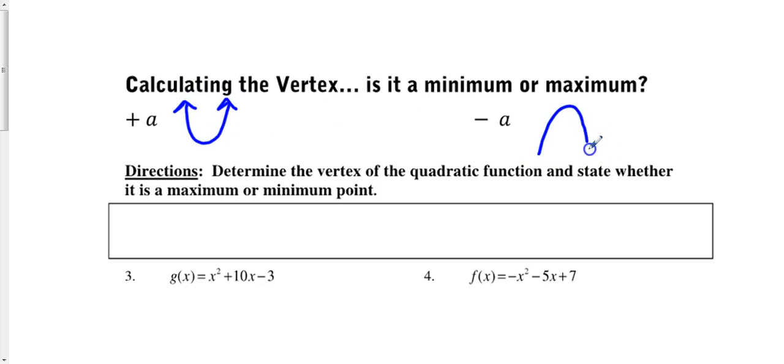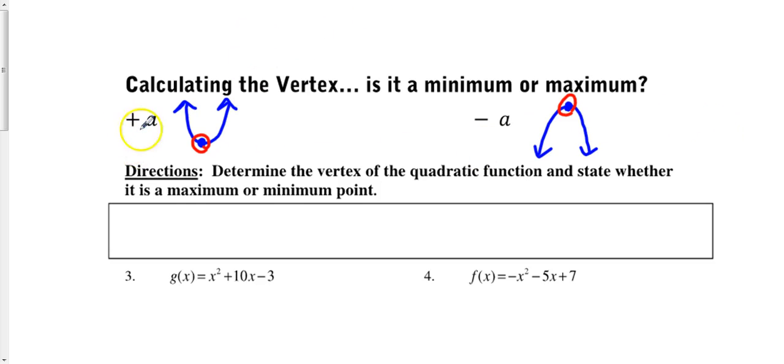Negative a, down. What I would like you to do is commit to these vertexes. Is this a minimum or a maximum? And is this a minimum or a maximum? Go ahead and write it in big letters, in pencil, just in case.